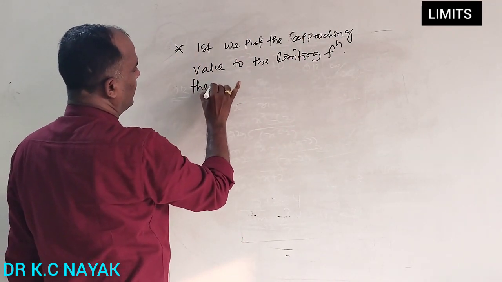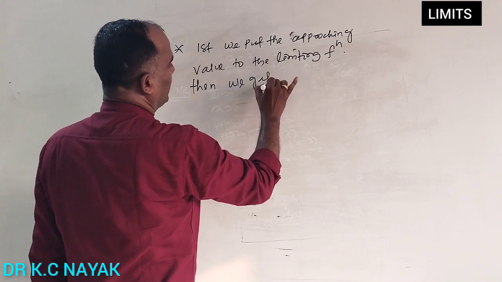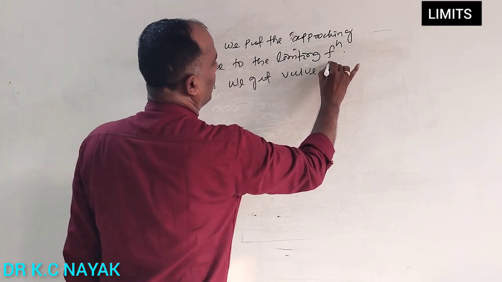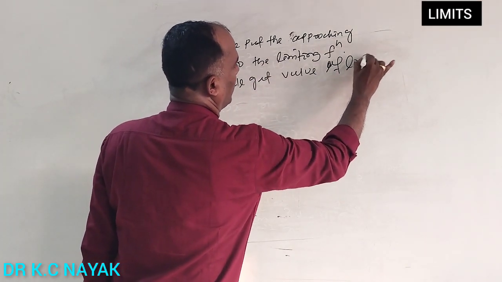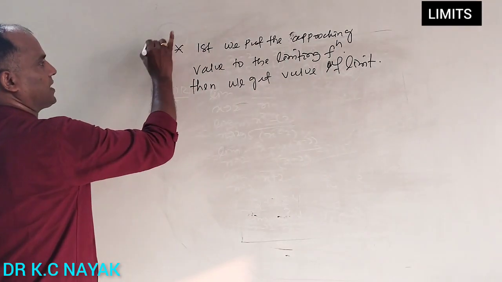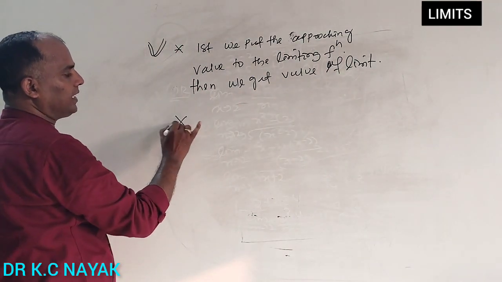Then we get the value of the limit. This is first. What about my second?